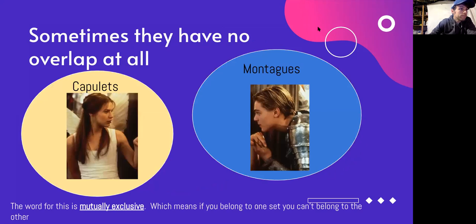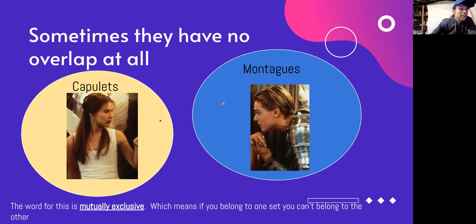All right. And here we have another arrangement of two sets. We have this set here, which represents Capulets, a little Romeo and Juliet humor for you, some Capulets and Montagues. And these two sets have no overlap at all. So anything that makes the first set true, anything here that is a Capulet, can't be a Montague because they have nothing in common.